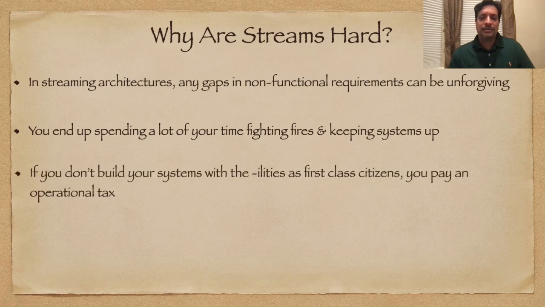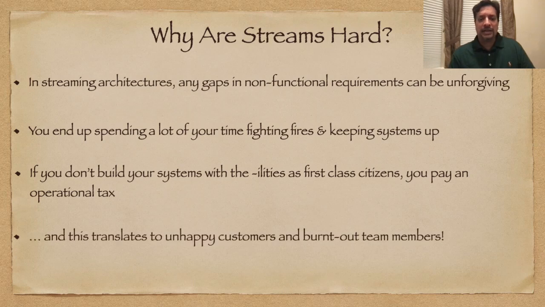If you don't build your systems with the ilities as first-class citizens, and by ilities I mean non-functional requirements such as scalability, reliability, operability, you will end up paying a very steep operational tax. And this translates typically to unhappy customers and burnt-out team members that will eventually leave your team.